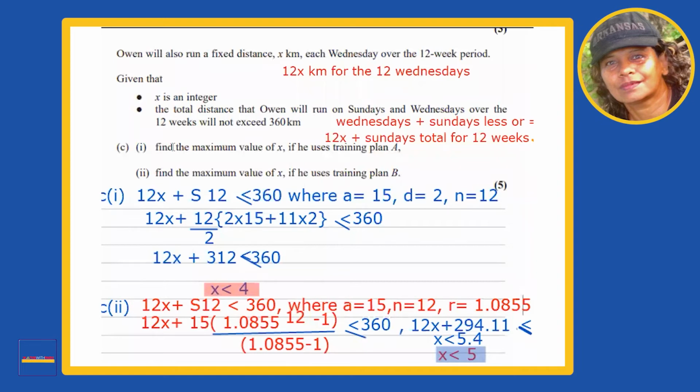Now they're talking about two plans, training plan A and training plan B. So if you look at training plan A, this would be an arithmetic sequence, okay?